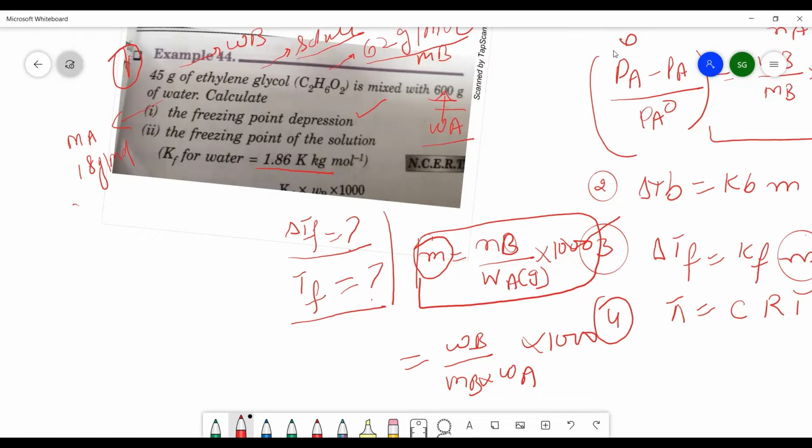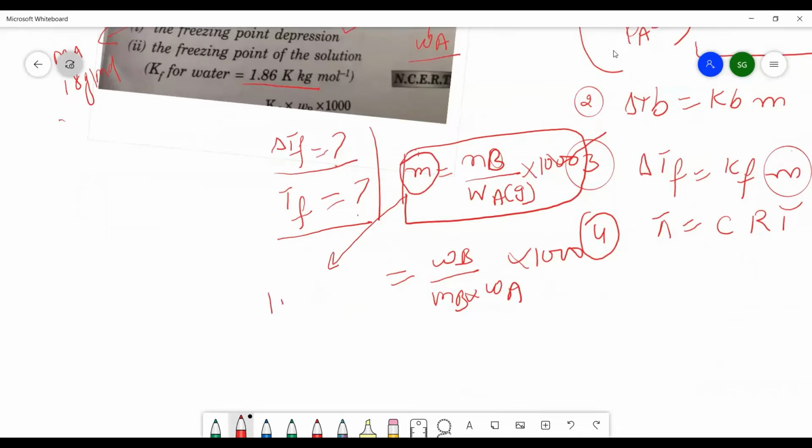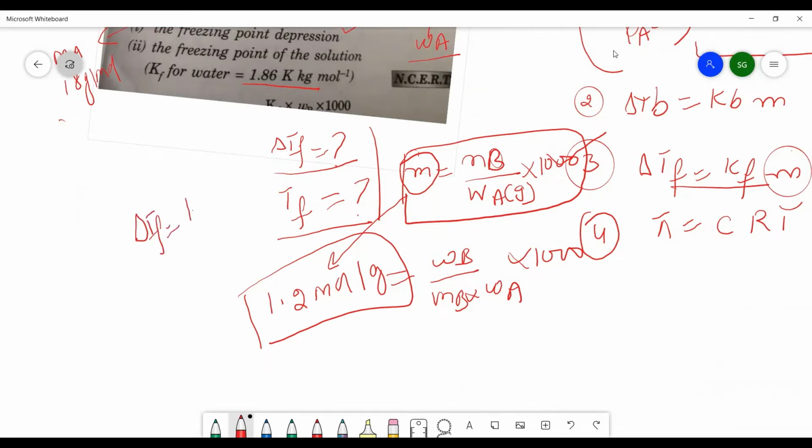So the molality by this formula will come out to be 1.2 moles per kilogram. Then to find delta TF we multiply Kf into m. The value of Kf is given, so delta TF is equal to 1.86 into 1.2, and the answer will come out to be 2.2 Kelvin.